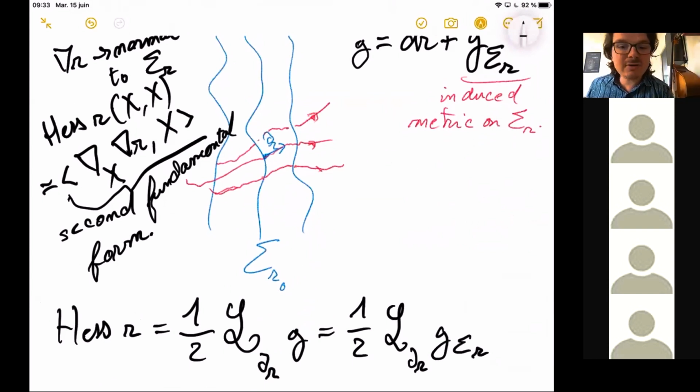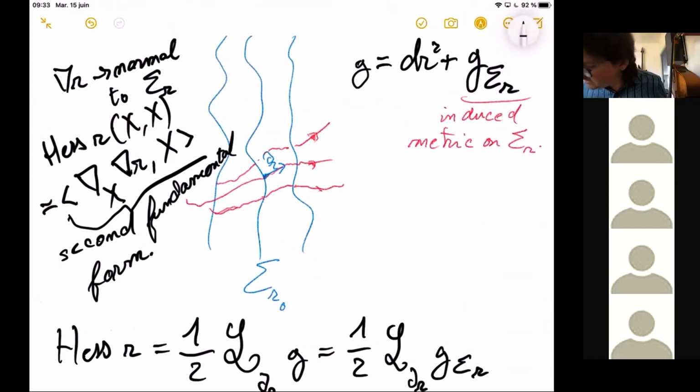In particular, if the Hessian is 0, we will see that in the next lecture, that means that g sigma doesn't move with R. g sigma R is independent of R. So that means that we have a product, and this is one way to prove the splitting theorem for non-negative Ricci curvature.